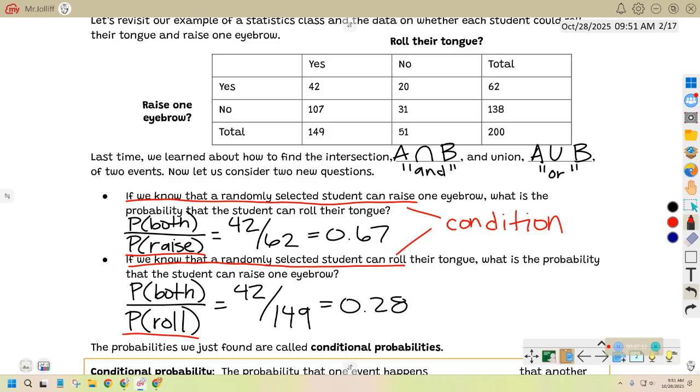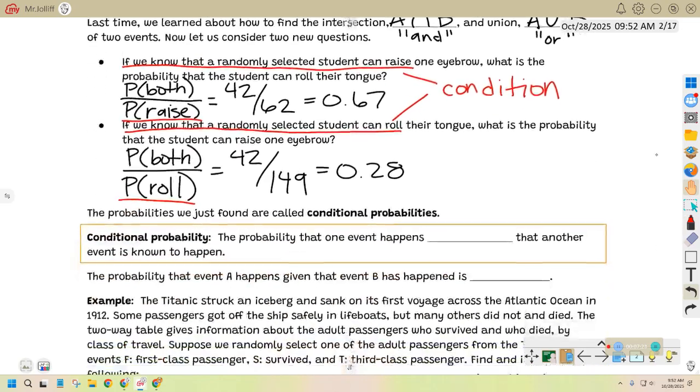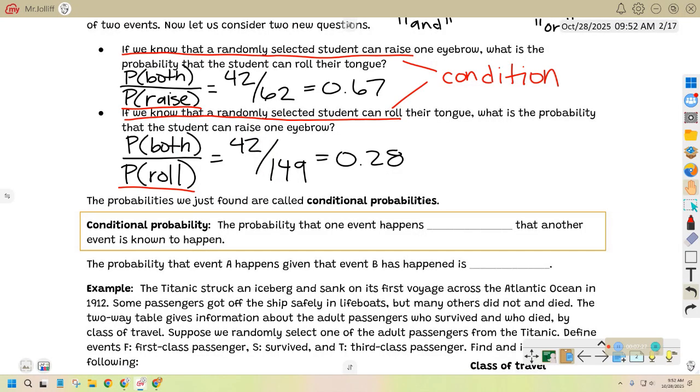So a conditional probability is a probability where instead of looking at the whole group, we're looking at a very specific subset of the group. So, in statistics terms, a conditional probability is the probability that one event happens given that another event is known to have happened. And the event we know that has happened again is called our condition.